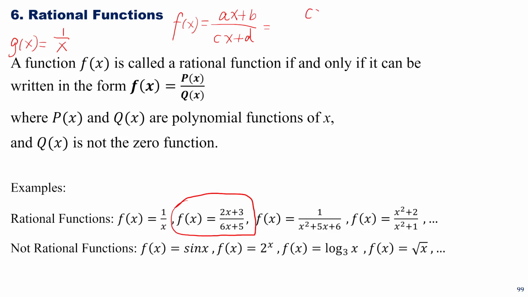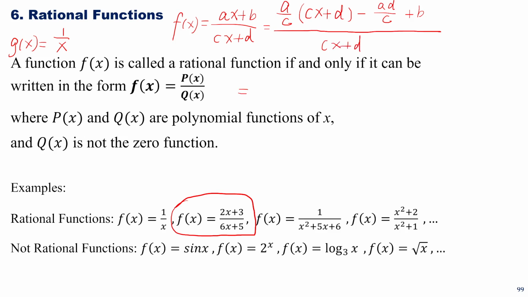So suppose we have a cx plus d here. Note that we don't have a cx plus d, so we need to compensate by adding a over c here. That way we have ax plus ad over c, so we need to subtract ad over c. Then copy the rest of the expression there, divided by cx plus d, right?